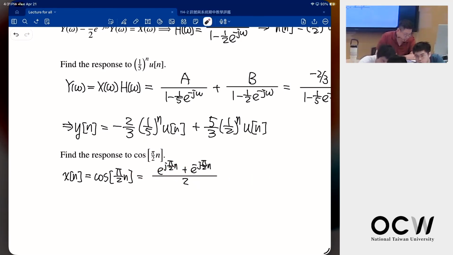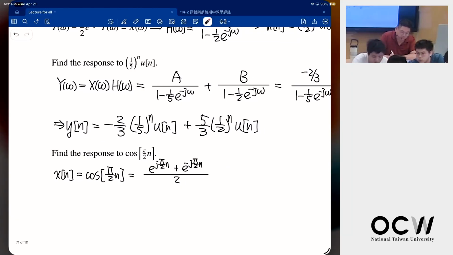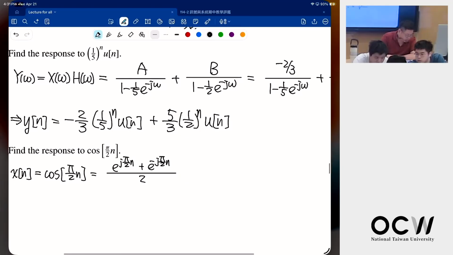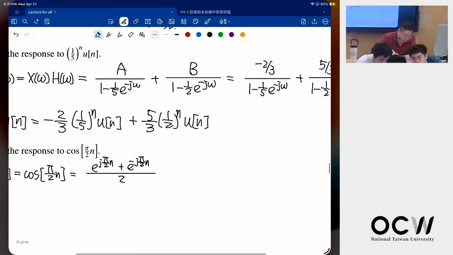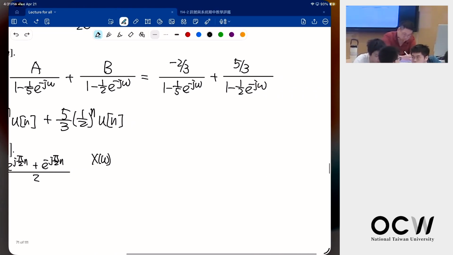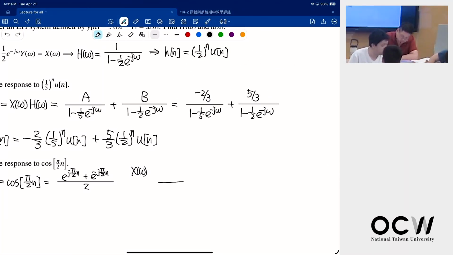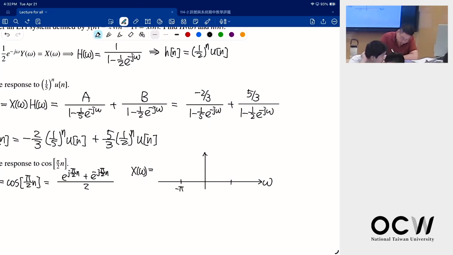Well, when you do the Fourier transform in frequency domain, it's a bunch of impulses. We need minus pi, and here pi.